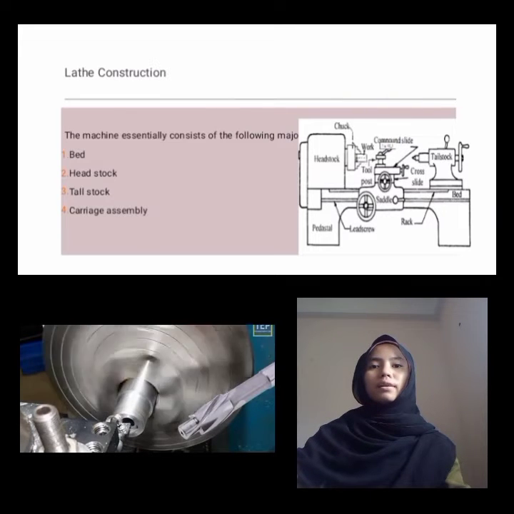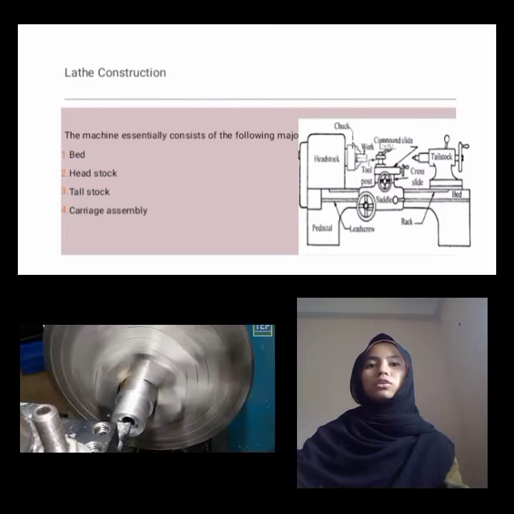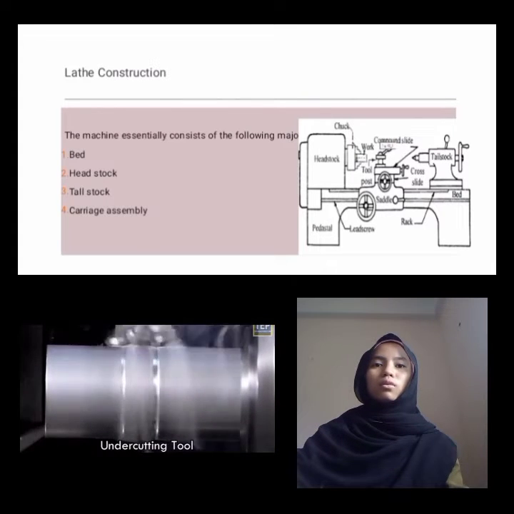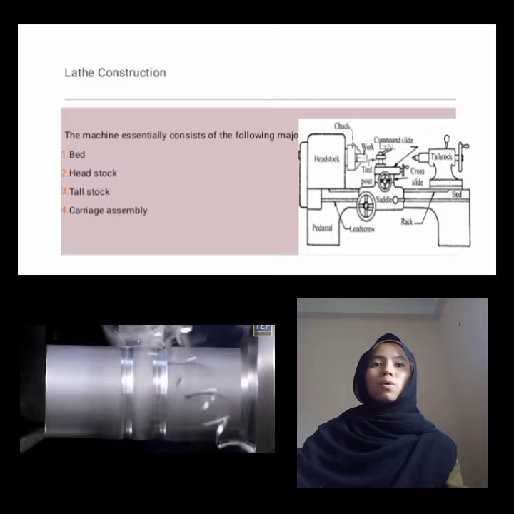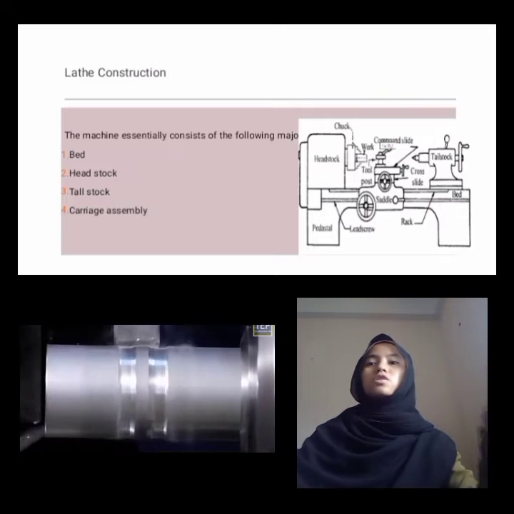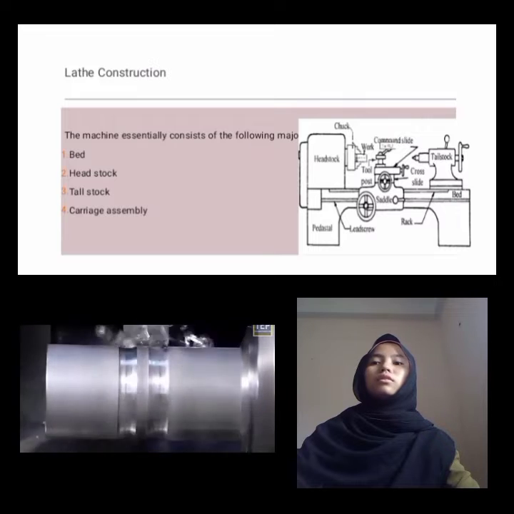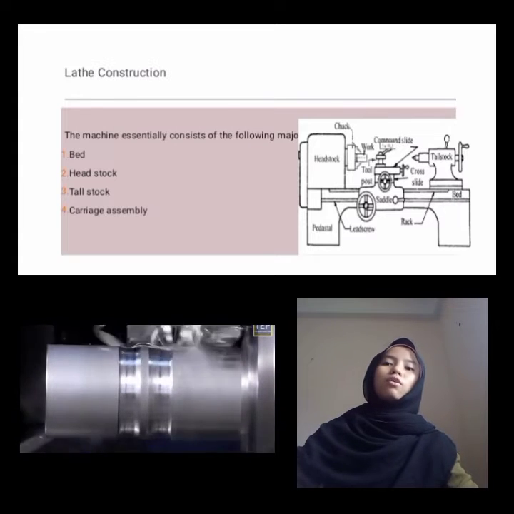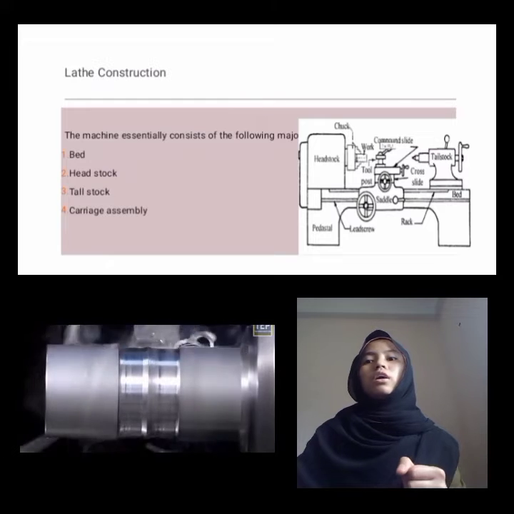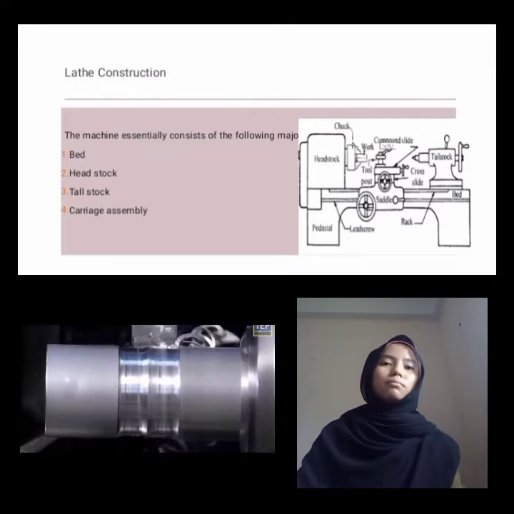We have a bed, a lead screw, a tool post, a compound slide and others. So this is the lathe construction, which we list as four: bed, head stock, tail stock and carriage assembly.